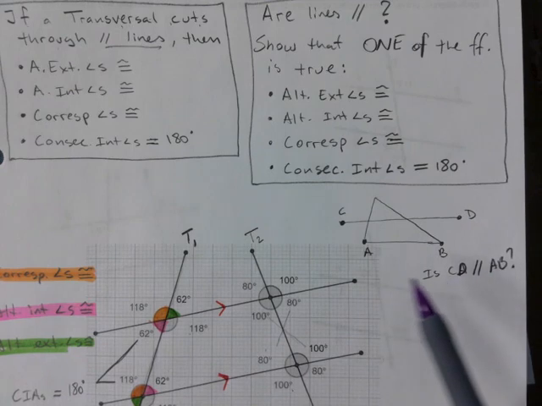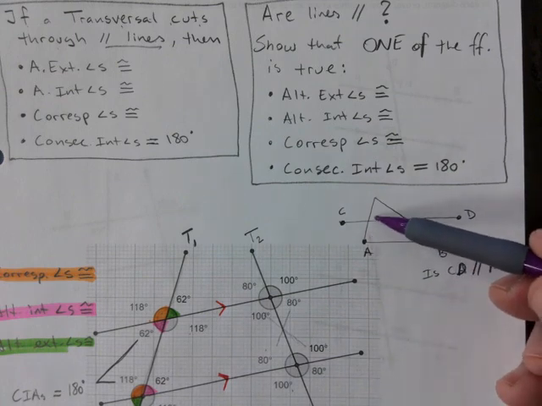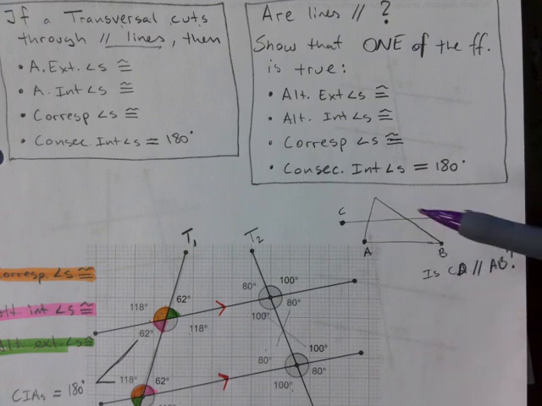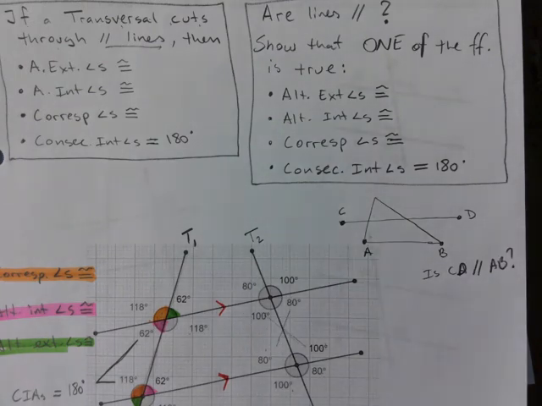This is kind of like a scenario that you will encounter. And what's your job? Your job is either show that these two are the same, because what are these two? Corresponding, right? You can use alternate exterior, whatever the situation is.